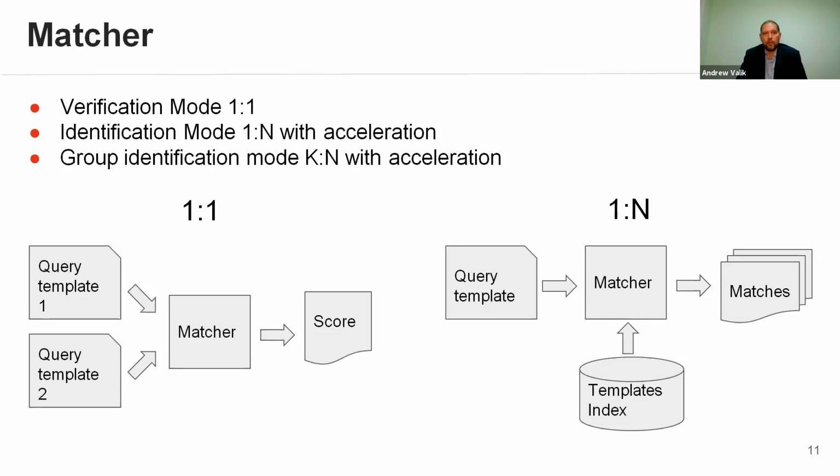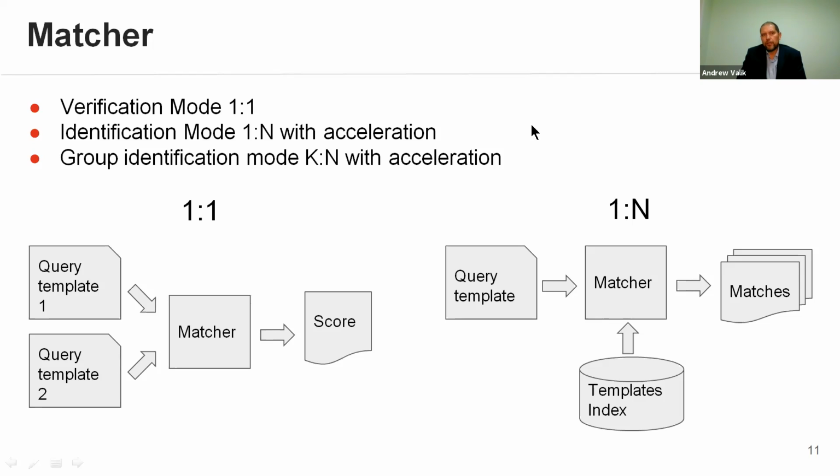And the second mode is identification mode. This mode is used for identification in a big database, for a big shortlist or some shortlist. And this mode is accelerated and optimized for speed.